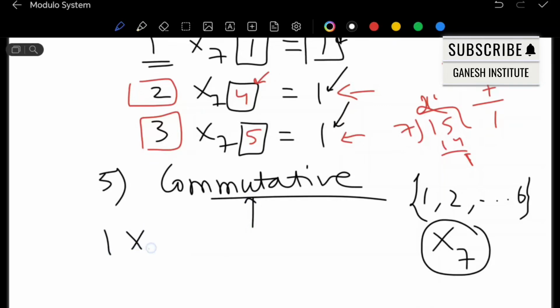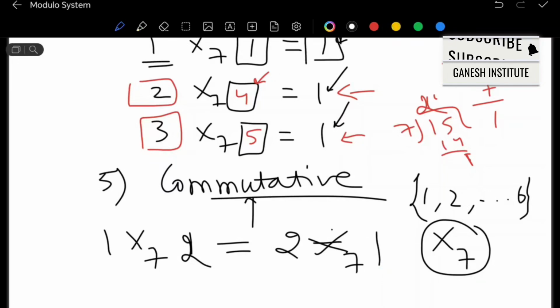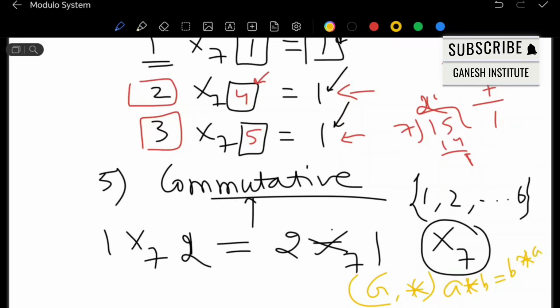If I have 1 multiplication modulo 7 with 2, it should be equal to 2 multiplication modulo 7 with 1. Because for commutativity, what is the condition? If G star is the algebraic structure, then A star B is equal to B star A, and only then can we call it commutative.